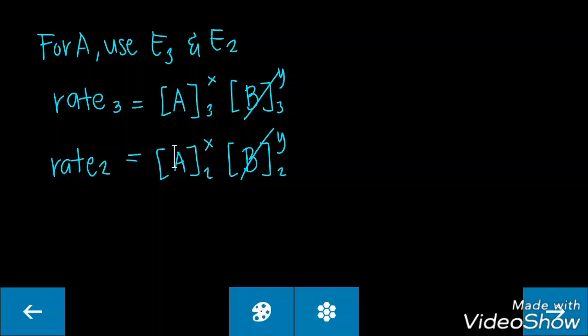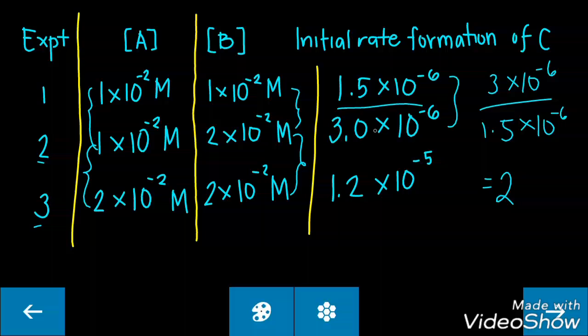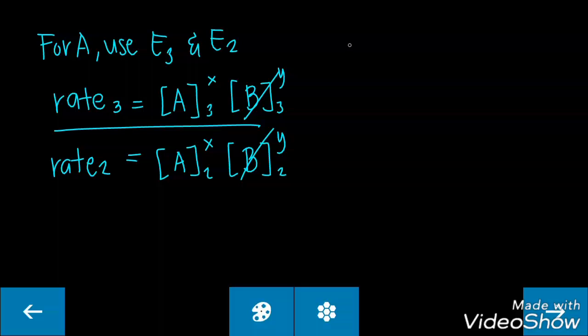So again, we are left with the concentration of A. So we'll divide that: rate 3 divided by rate 2, if we plug that into our calculator, we will have an answer of 4. That is 4. And here, the concentration of A is doubled, so that will be equal to 2 raised to X. Now, we are finding X. If we evaluate this, X will be equal to 2.